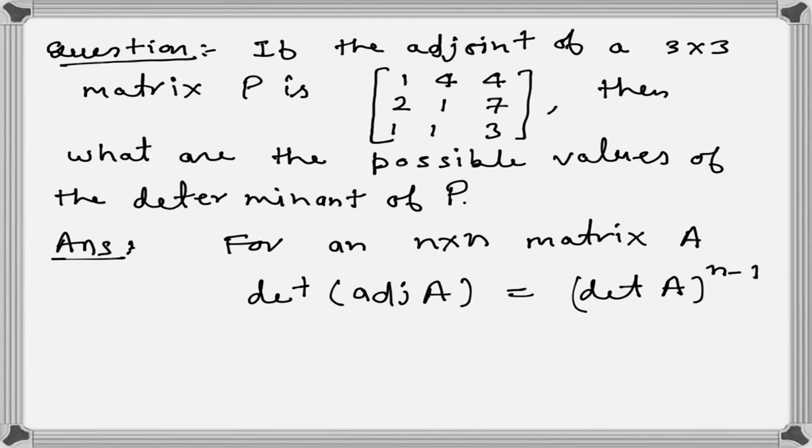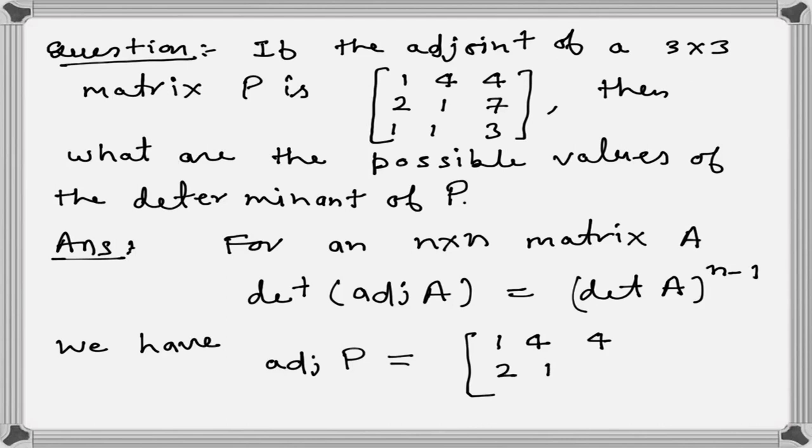Okay, and we have adjoint P given as 1 4 4 2 1 7 1 1 3. So this is the adjoint of P, right? Then what will be the determinant of this adjoint of P?